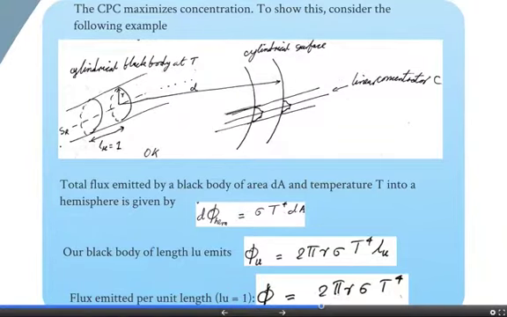So the flux emitted per unit length is simply 2 pi r sigma T raised to 4. Okay, so far so good. So again, this is the flux emitted by the cylindrical black body per unit length. It's 2 pi times radius times sigma times T raised to 4. It's emitting everywhere into space.